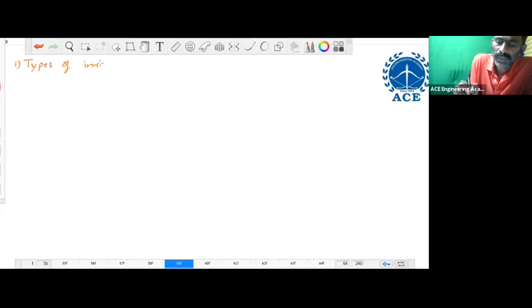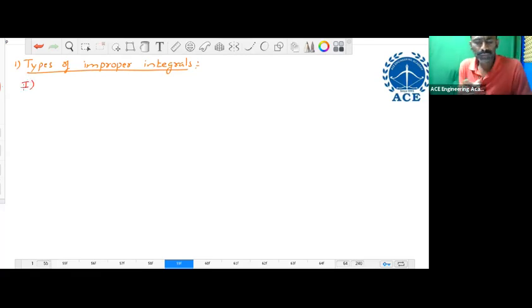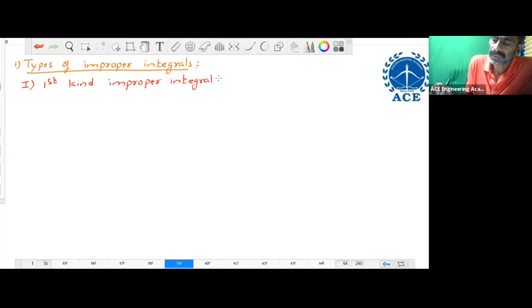Types of improper integrals. Now, the first one, first kind improper integral, or improper integral of first kind.